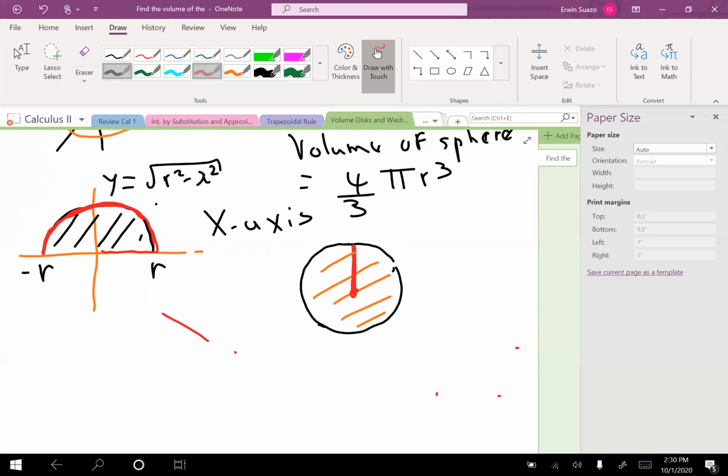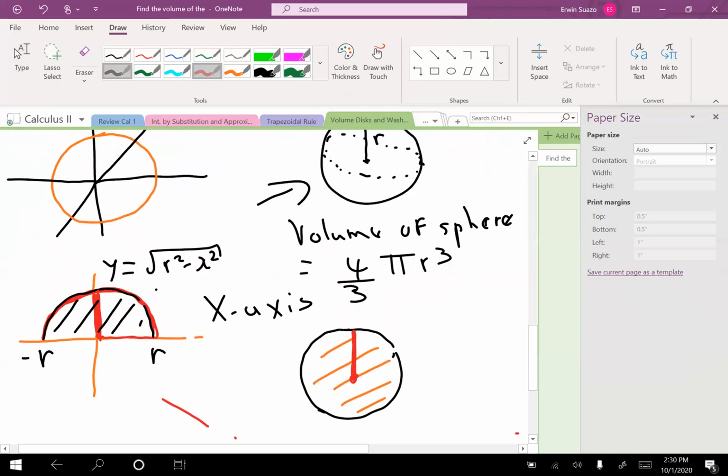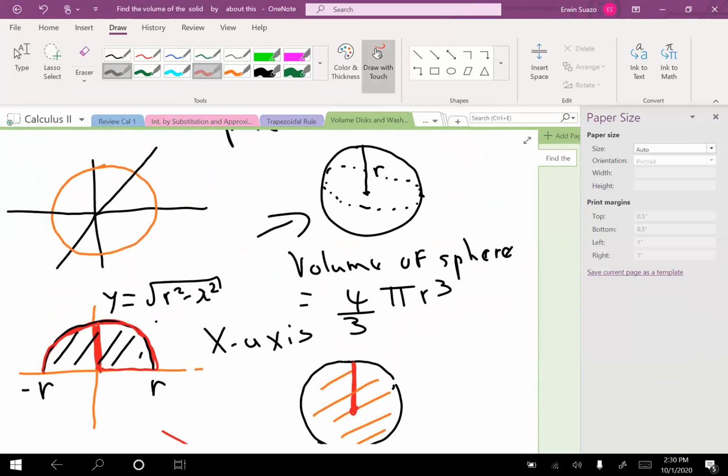But that one I cannot find. This one I can find. From here to here, that's just y, right? It's my cross section at one point, at some x. So this is my volume, my sphere, and I step on some x, and I do my cross section.